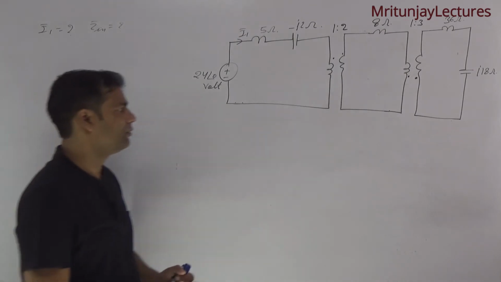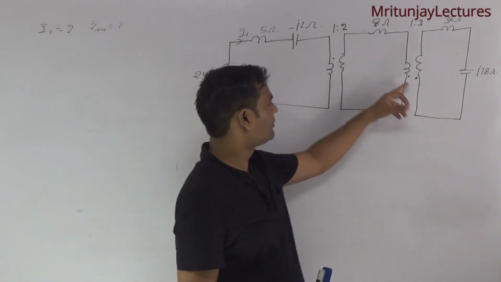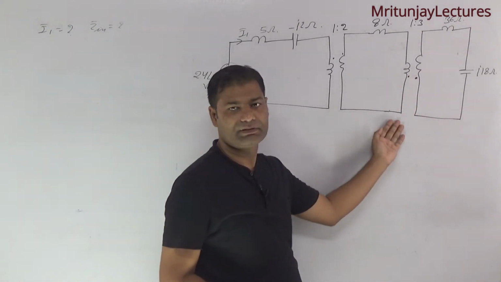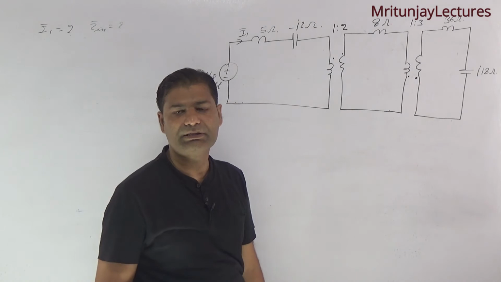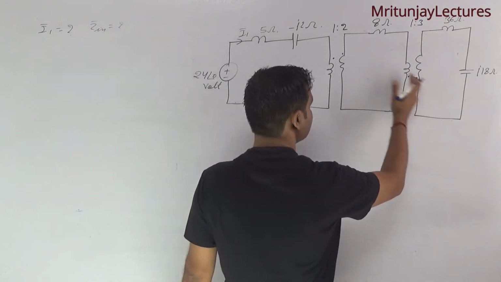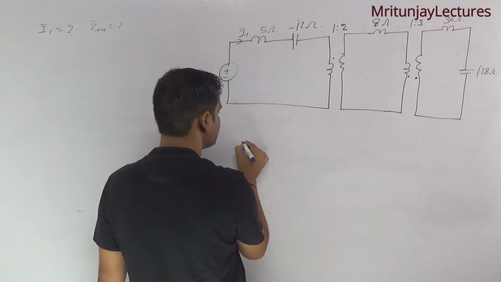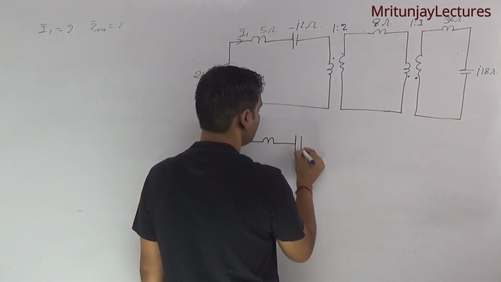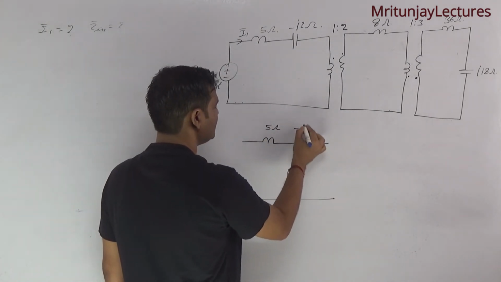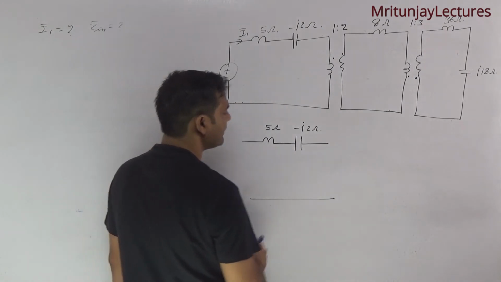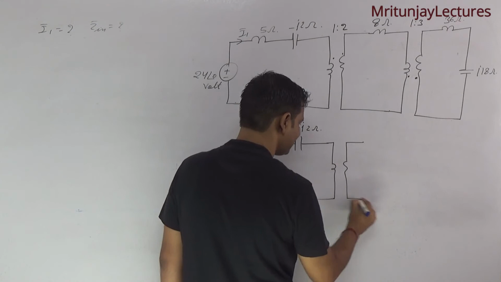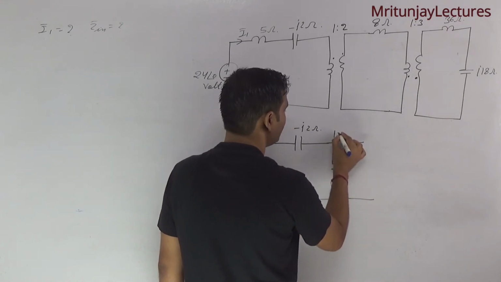Now whatever be the dot polarity, it doesn't matter. If you convert it here, after that here, corresponding to impedance. First of all make this one, that is 5 ohm, that is J2 ohm, and 1:2.